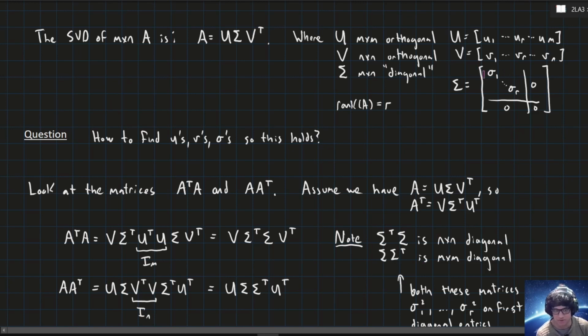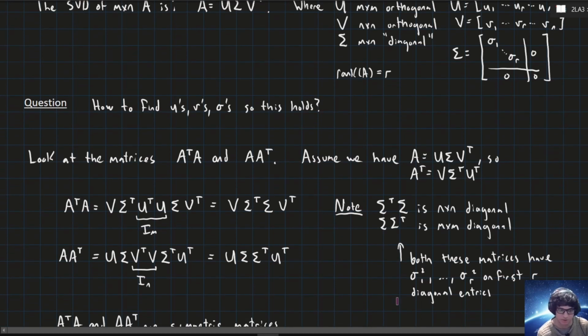On its diagonal, it will have sigma 1 squared, sigma 2 squared, all the way down to sigma r squared. Similarly, sigma sigma transpose will become an m by m diagonal matrix with those same numbers on the first r entries of the diagonal.